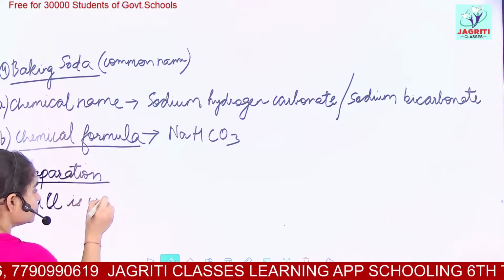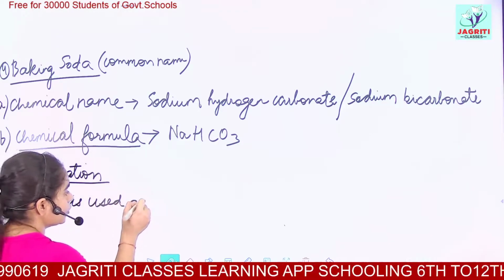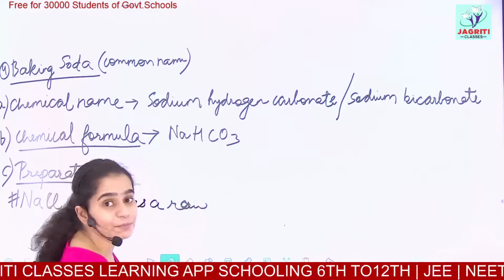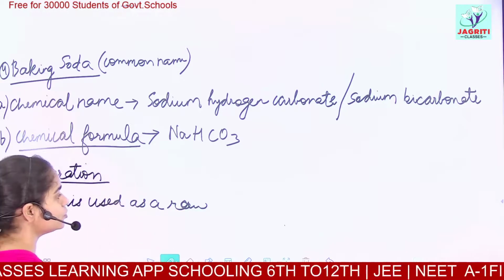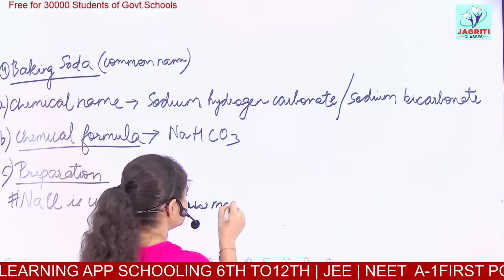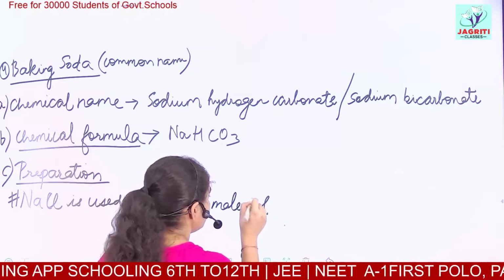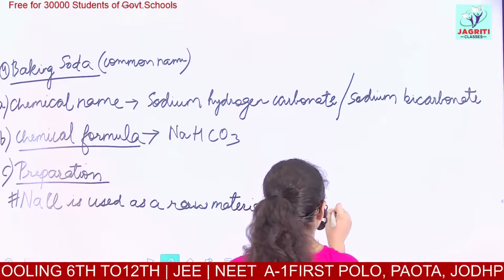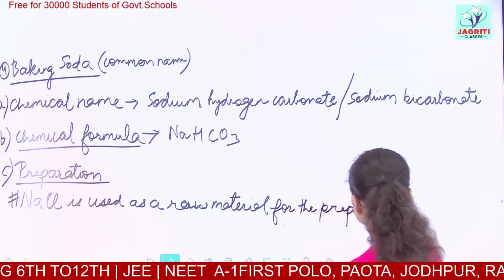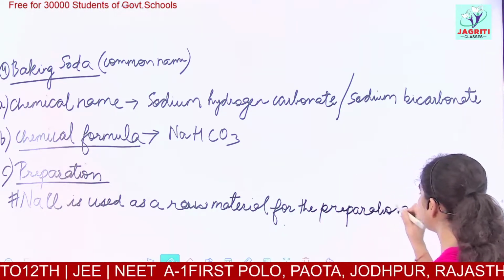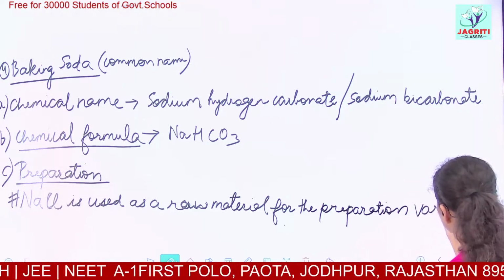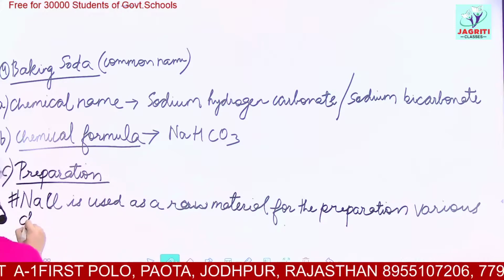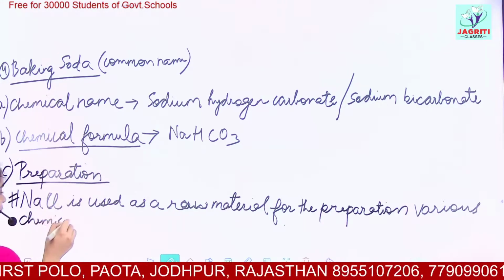NaCl is used as a raw material. Raw material means starting material. So NaCl is used as a raw material for the preparation of various important chemical compounds. This is the use of NaCl.